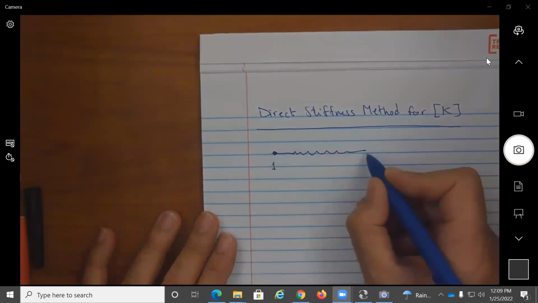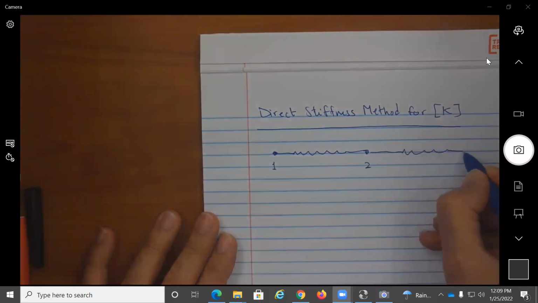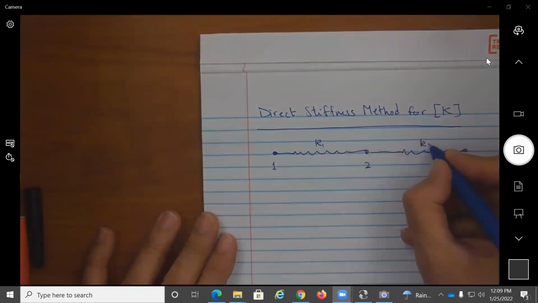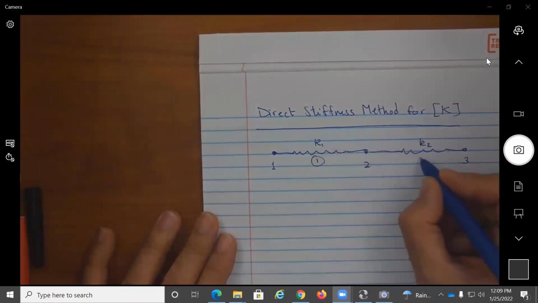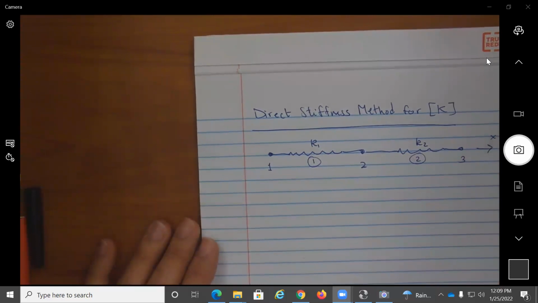Node 1, node 2, and node 3. This is K1, this is K2, this is element 1, and this is element 2. This is the X direction.